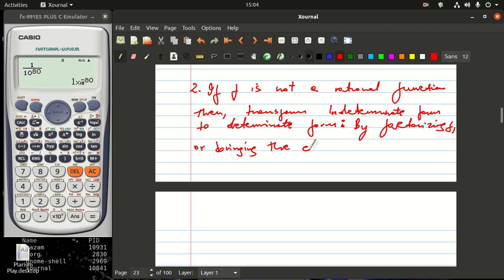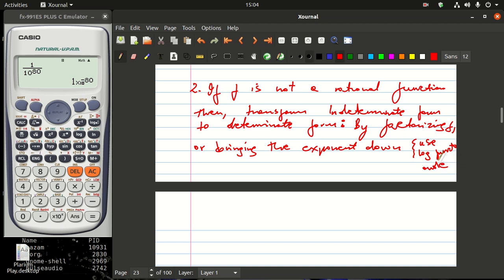the exponent down. So if you were having 0 raised to 0, or infinity raised to 0, or something of that nature, how do you end up bringing the exponent down? We use log functions and e.